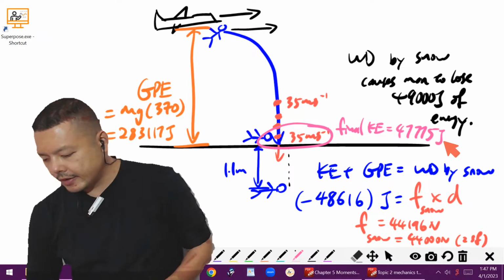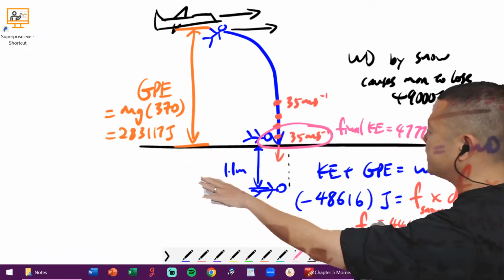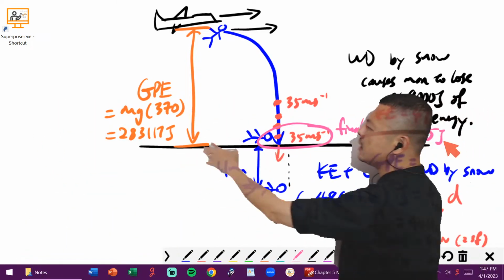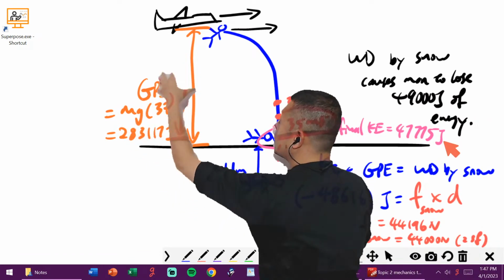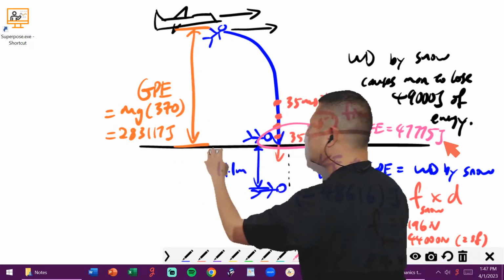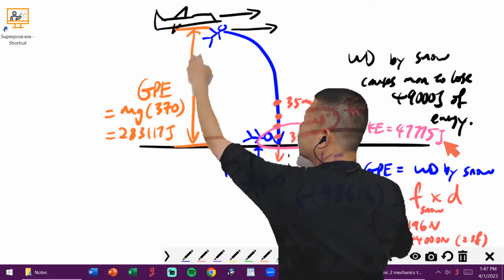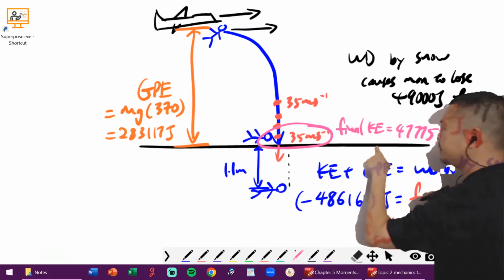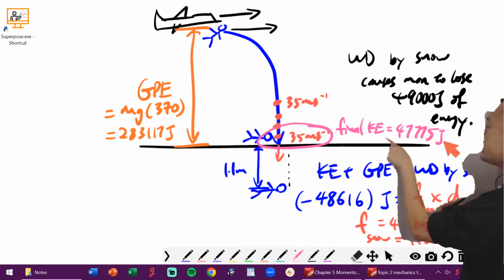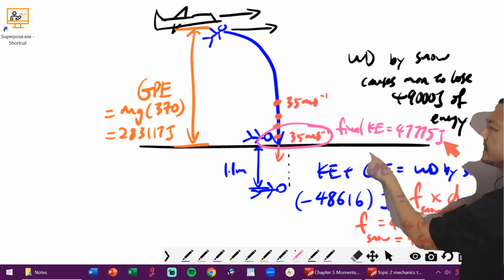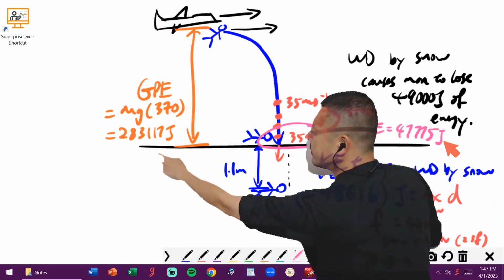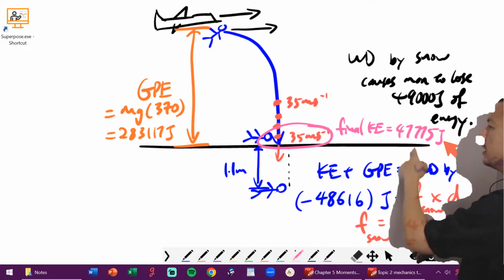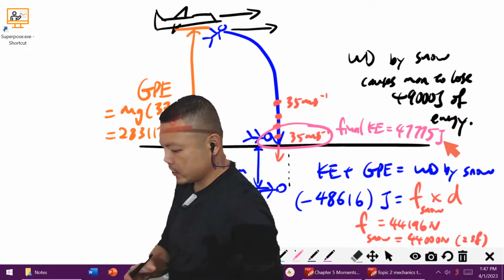That's the final KE, right? Okay, then that means I was right in the first place. You go and find out what's the total amount of GPE loss when he fell down. All of this is supposed to be converted into KE, but his final KE is only 47,775. So you find the difference, the GPE minus this KE. That would be the work done lost to air resistance.